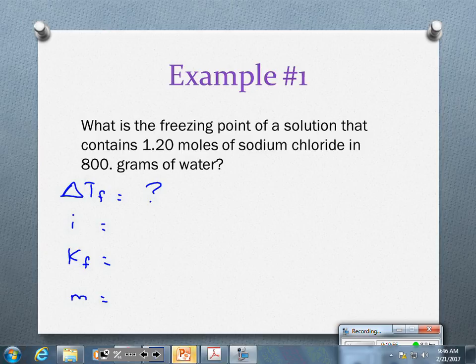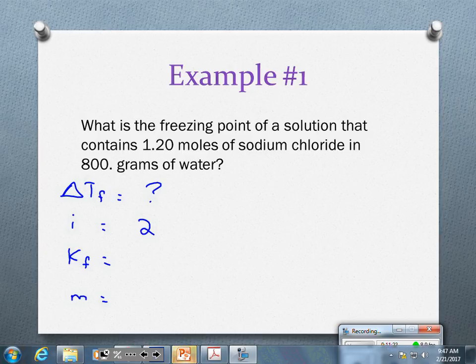Van Hoff's factor, what am I dealing with? What is my solute? Sodium chloride, so Van Hoff's factor is going to be 2. K sub F. Okay? If you look on your chart, you have values for K sub F. What is my solvent for this problem?